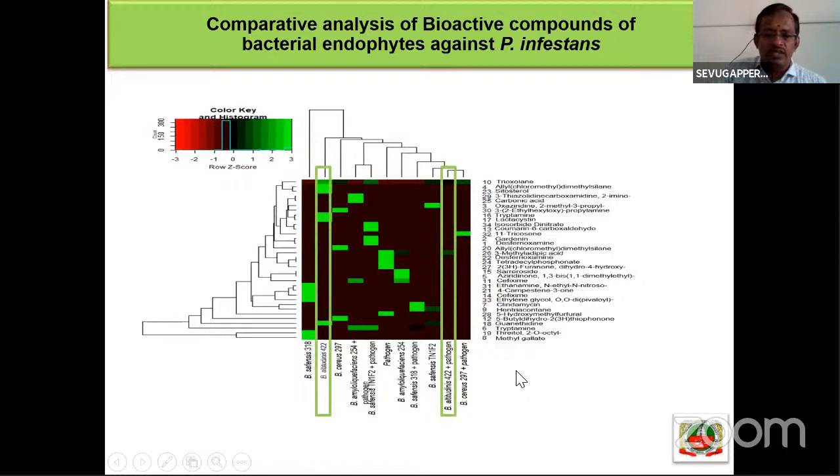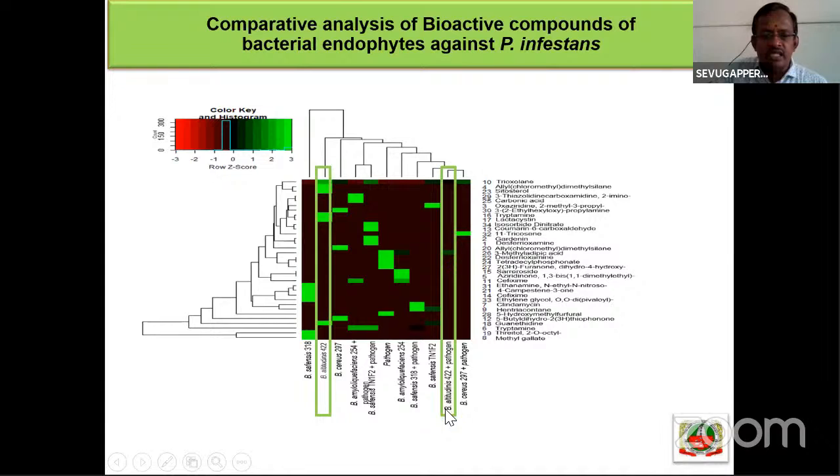During the tritrophic interaction, in the presence of the pathogen alone, these three different compounds, including methyl adipic acid, were produced by the Phytophthora on the leaf surface.